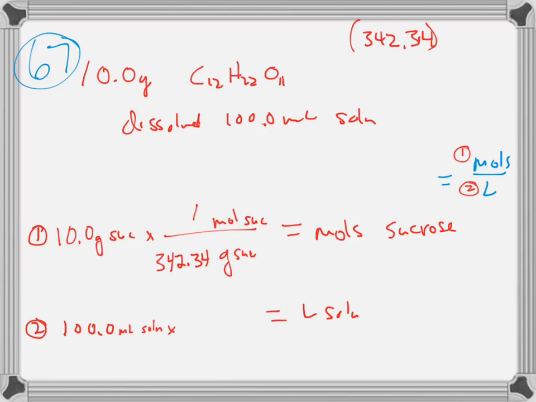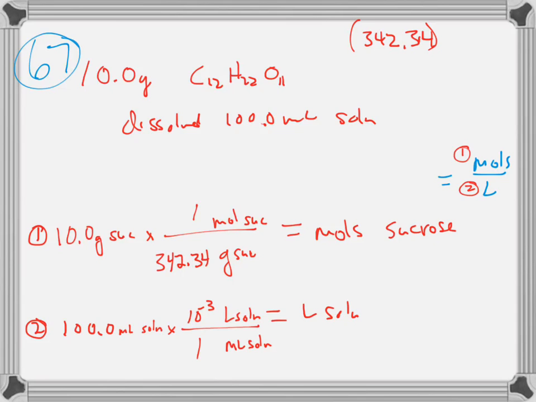It's in milliliters, so I need to convert it into liters. Where do milliliters show up? On the bottom. What shows up on top? What are the numbers that show up in front of these? 10 to the negative 3. Milli means 10 to the minus 3.